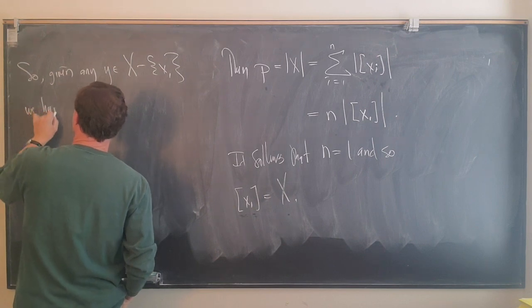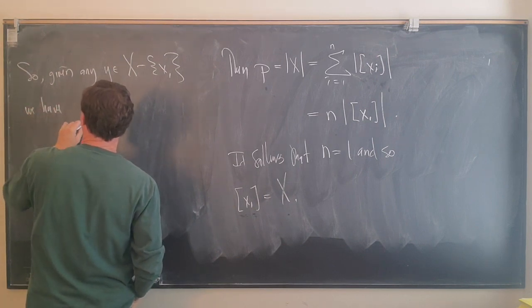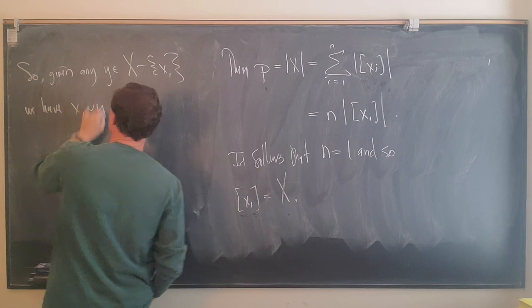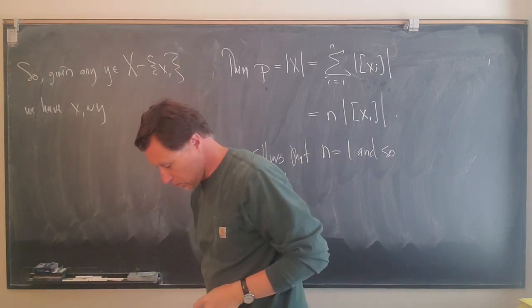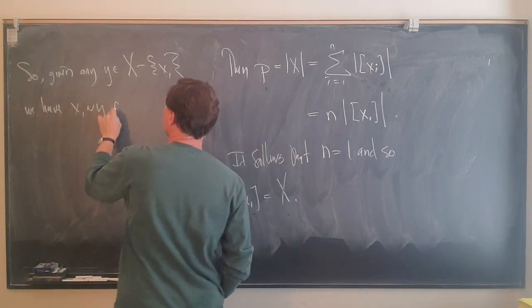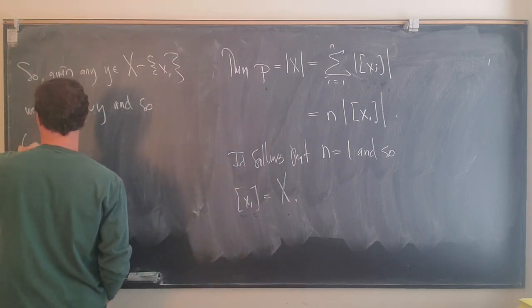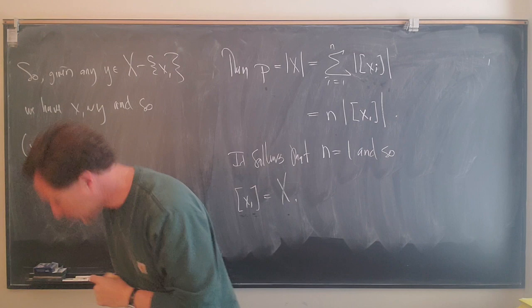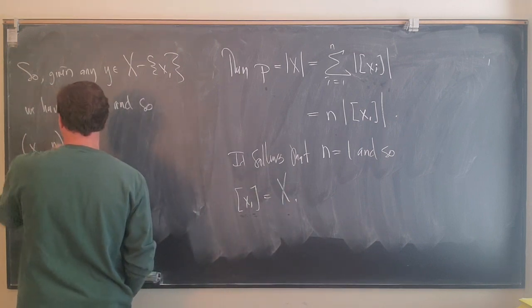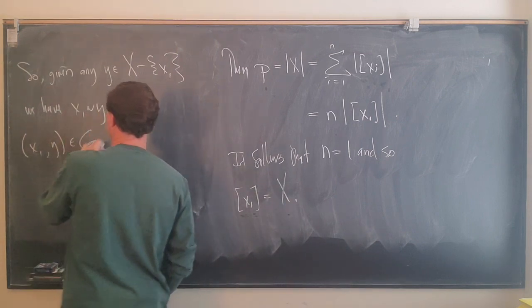So we have x1 tilde y, and so the transposition x1, y is an element of capital G.